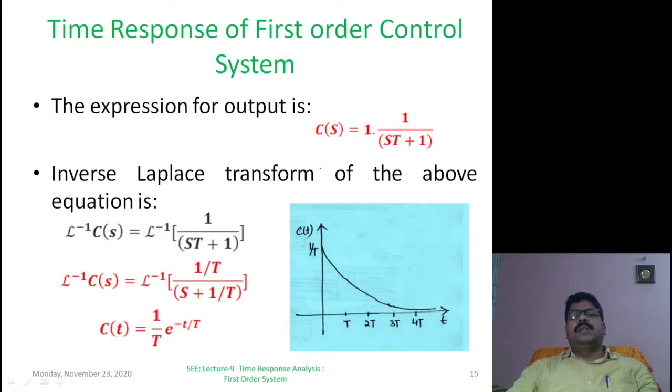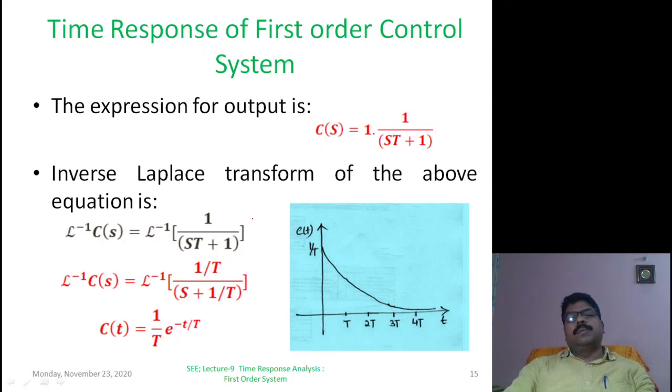On Laplace inversion, you can see that C(t) equal to 1 by T e to the power minus t by capital T. For this case, the input will be at this point. Otherwise, you have to take a unit area input, so it will be undefined other than on this axis. So we cannot say anything about the error existence.